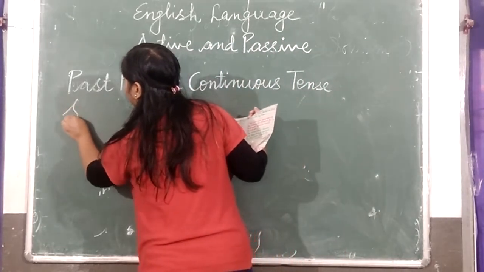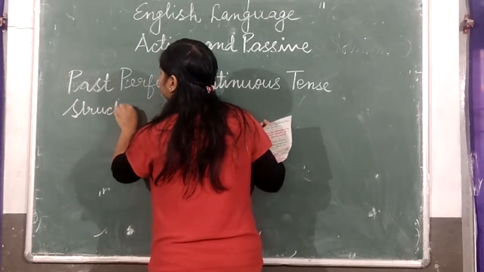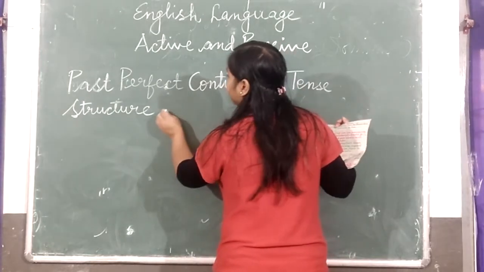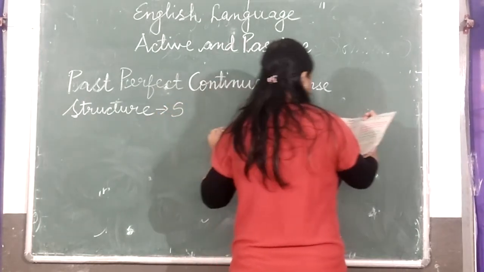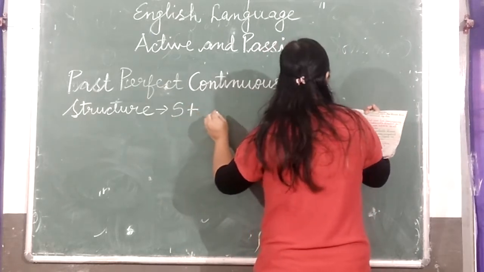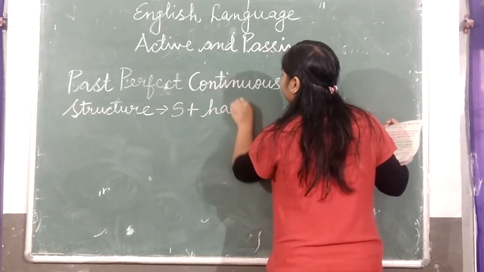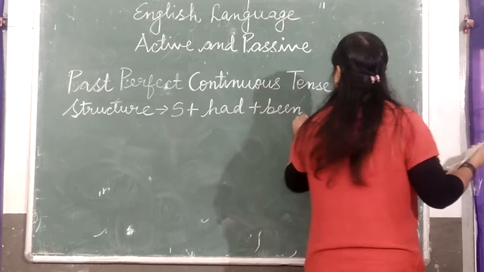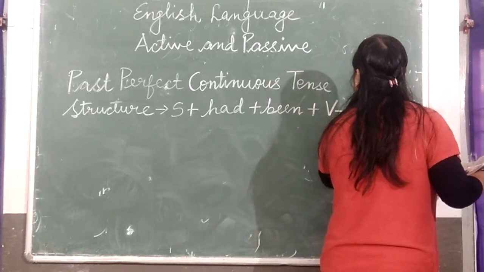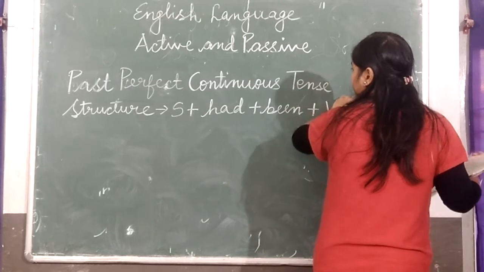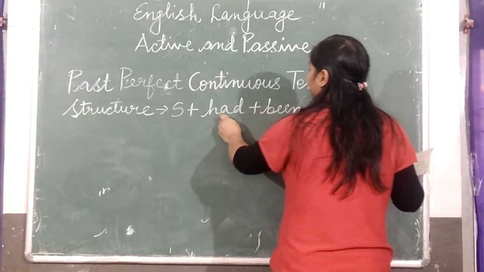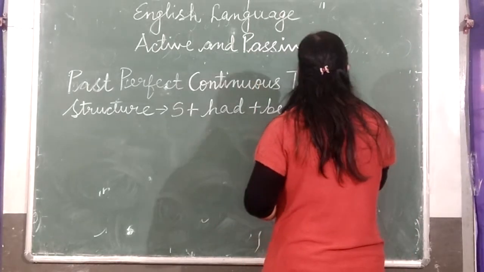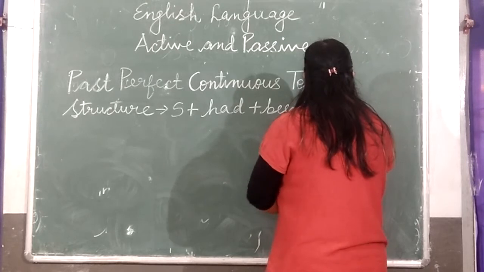The subject has to be there. Had has to be there, plus be, and the be plus the ing form of the verb since it's a continuous tense. Perfect continuous, had is also there, and continuous tense, the ing form of the verb. Okay? So the sentence goes like this.